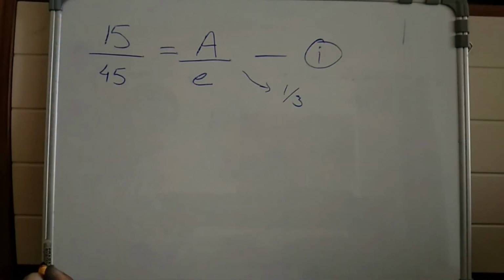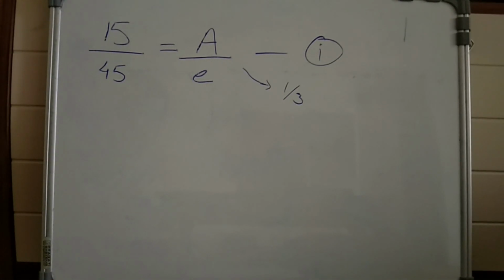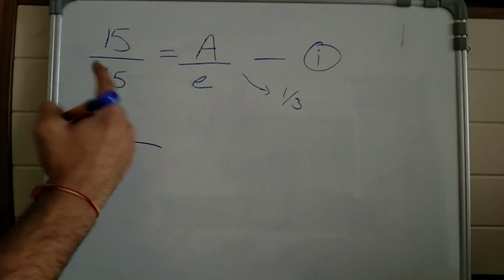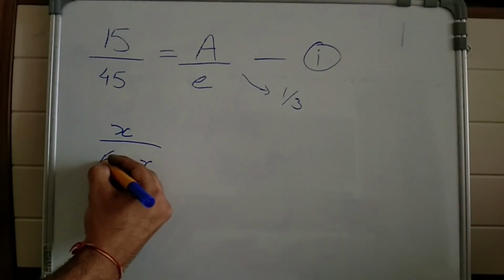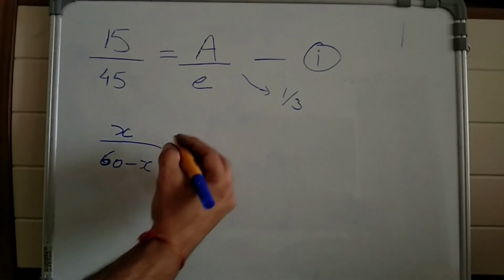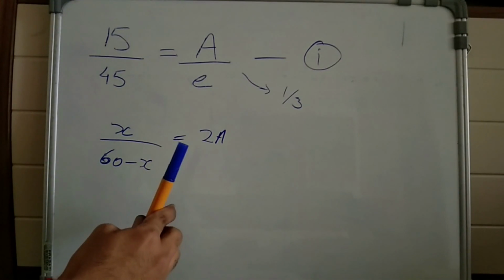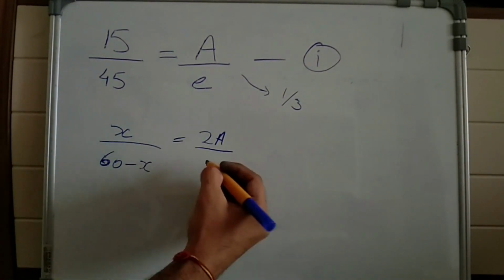Okay, so if we see the other case, let the person B take X steps. So X steps, 60 minus X, is equal to 2A, because the person B is traveling with twice the speed of A. So 2A divided by the speed of escalator.